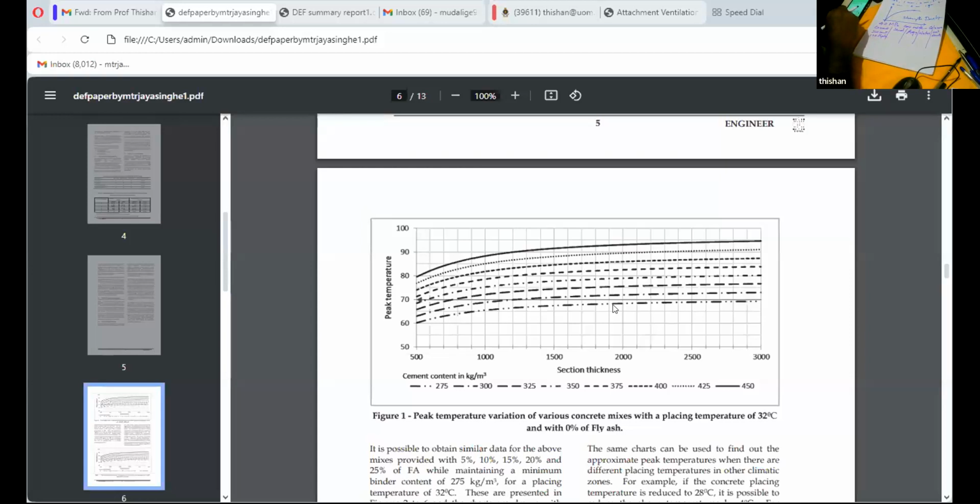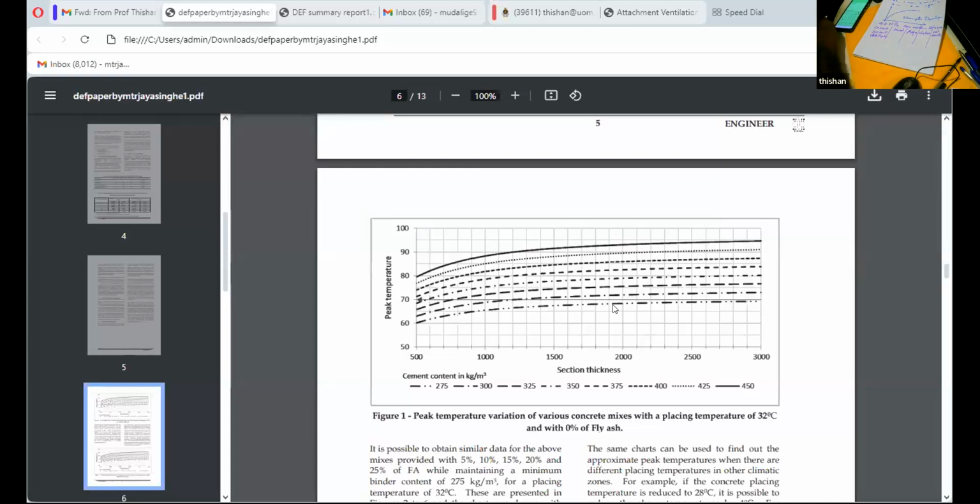So it's okay, right? So I have about 18%. So I can even use 150 here. Right? So 150 fly ash will give you 450. 150 divided by 450.